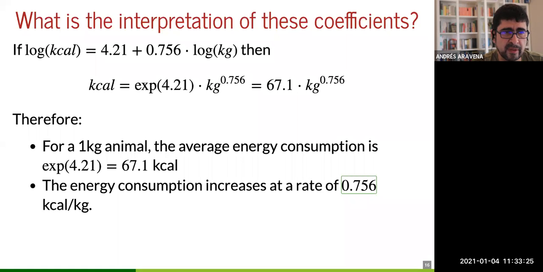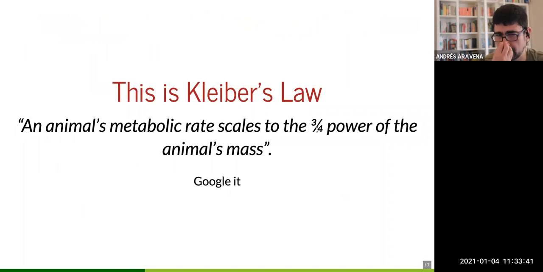If the size increases 100%, the metabolism increases 75%. Okay? And that was not obvious. Essentially, it means that bigger animals are kind of more efficient. They require less calories per kilo. And that is the law that is in the paper. You can Google it. Really clever law.